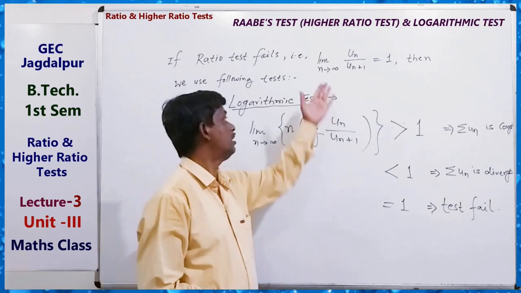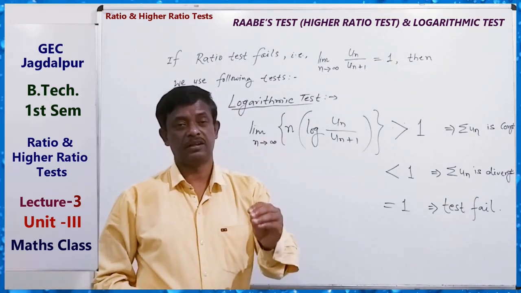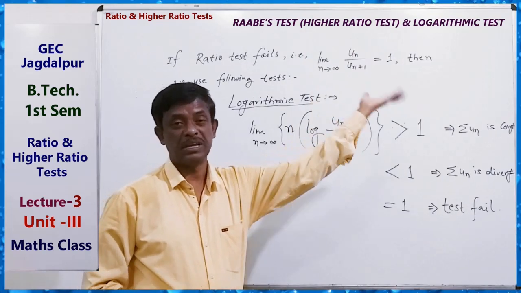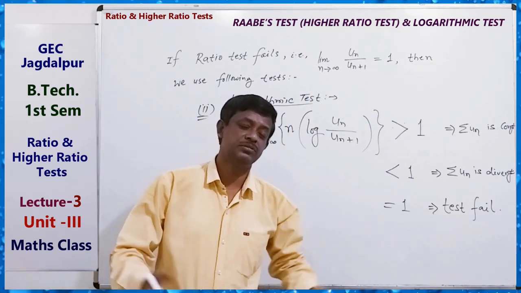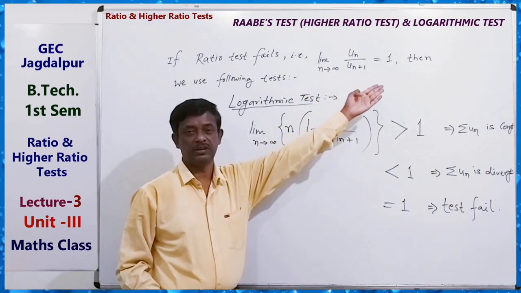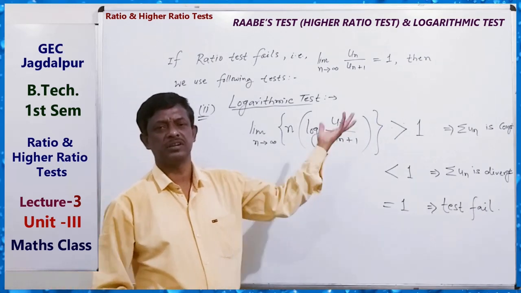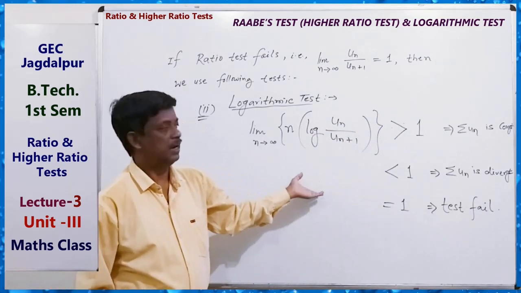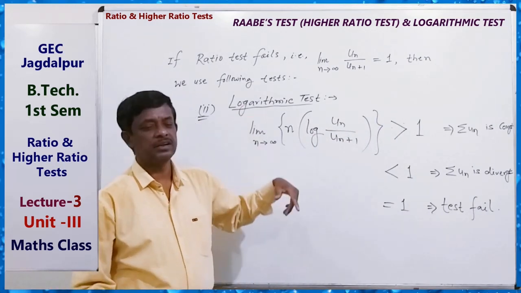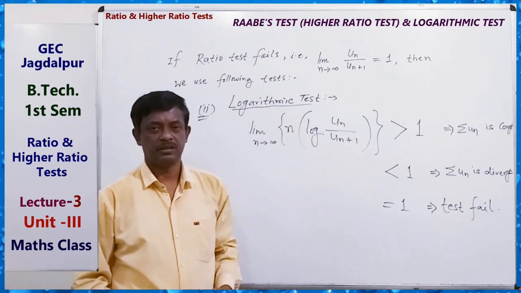Also, if un is such that we can use another test, we can use it, because at limit equal to 1 the ratio test fails, so you can use any of the tests, and generally we try to use Raabe's test and the logarithmic test.